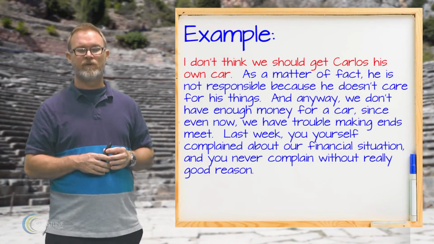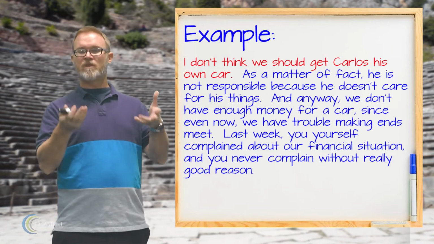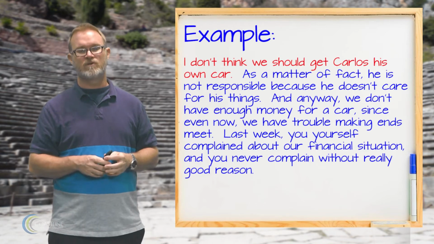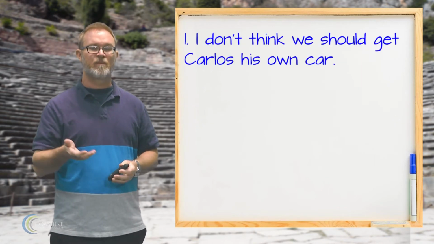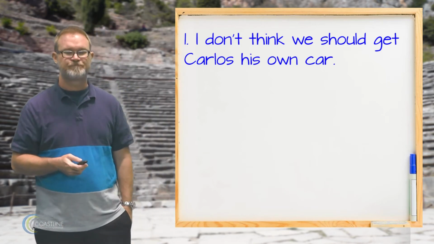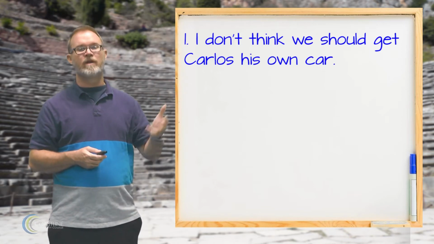I have it in bold. It says, "I don't think we should get Carlos his own car." When you read the passage, I think you can see that kind of claim is important. It just stands out. It's the first claim the passage makes, and it seems to be carrying some significance, right? So we're going to state that, and then we're going to give it the number 1 in our list.